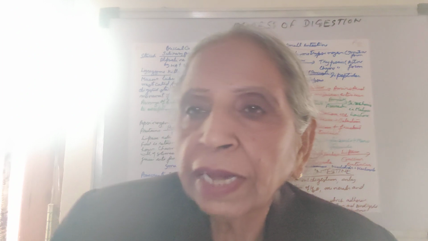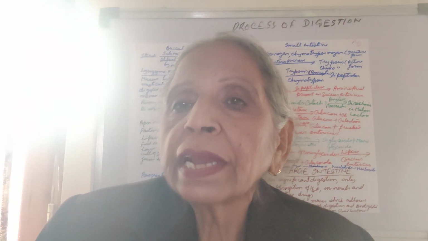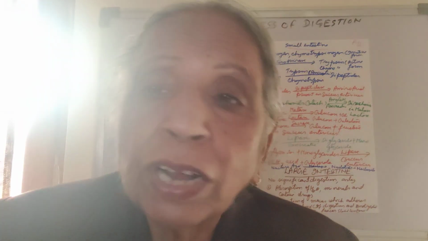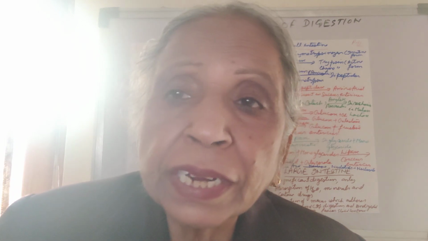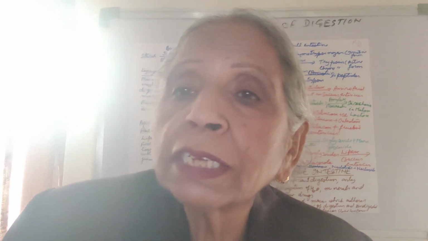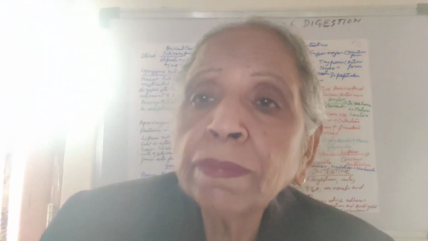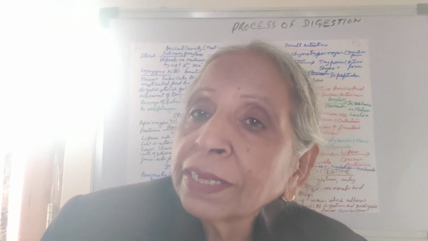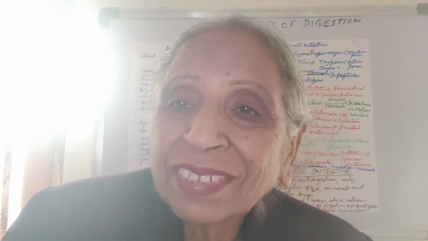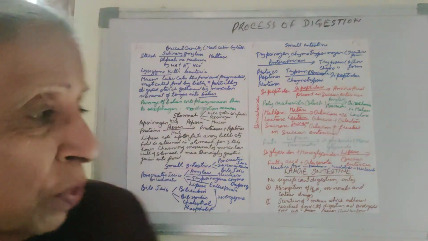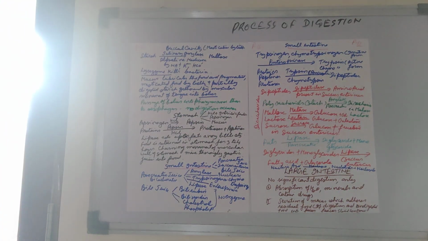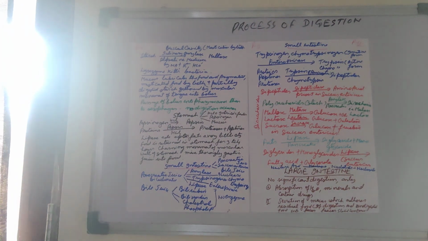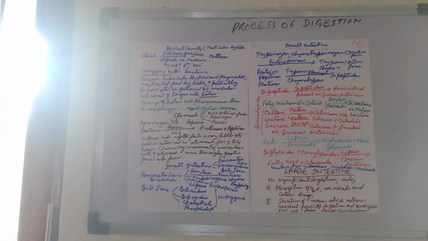These bicarbonate ions provide the alkaline medium for the functioning of all the pancreatic enzymes, because these enzymes function in an alkaline medium, but the food coming from the stomach is acidic, mixed with HCl. So they neutralize it and provide the alkaline medium. They also protect the inner wall of the small intestine from corrosion by the HCl.